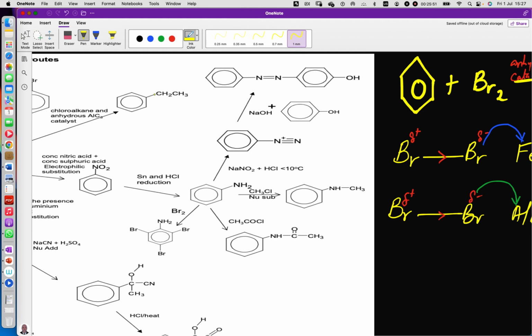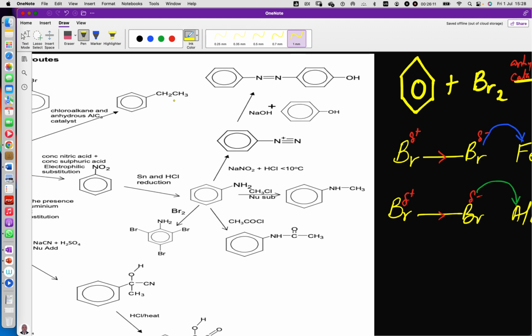So in order for benzene to form ethyl benzene, we will use a chloroalkane, and the chloroalkane in this case will be chloroethane.